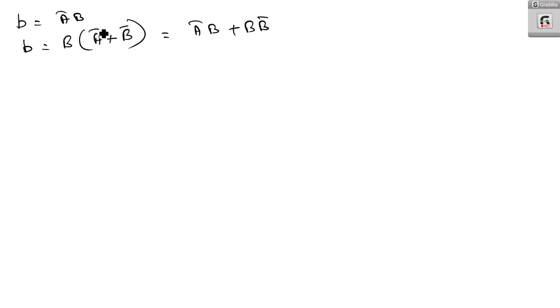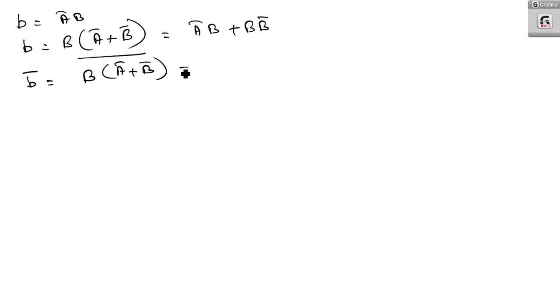So it will come back to this first question. So borrow I am able to write as small b is equal to capital B into A bar or B bar. Therefore, what we can write? B bar is equal to B and A bar or B bar, the whole bar.